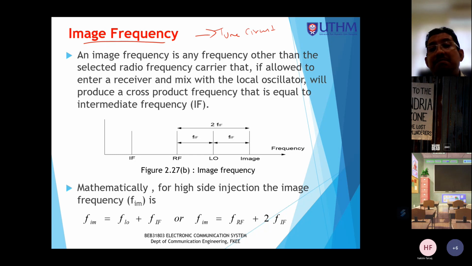Kalau image frequency ini masuk ke dalam receiver, maka receiver tidak dapat membezakan antara dua jenis input, yang input sebenar yang kita inginkan dan juga image-nya. Okay, image ni kita boleh anggap seperti kembar. Kalau you ada kembar, kita tak dapat bezakan which one. Mana satu Aiman, mana satu yang lagi satu, kawan dia, adik-beradik dia.